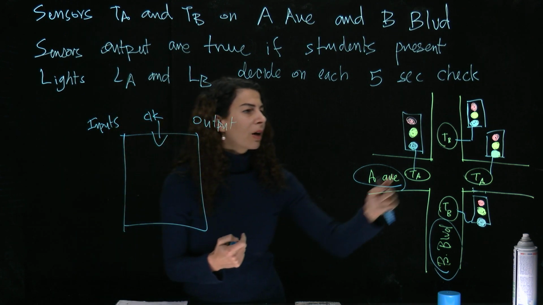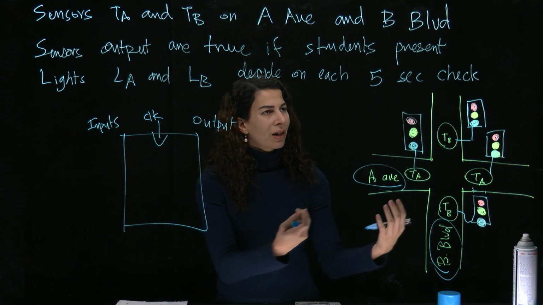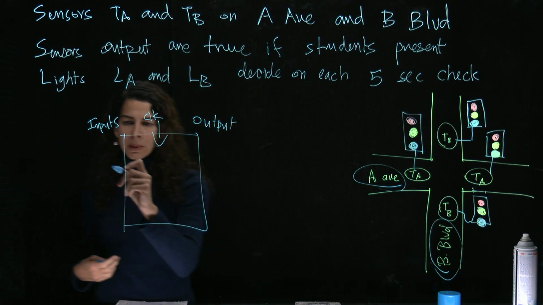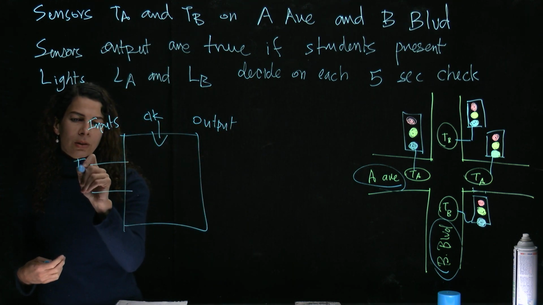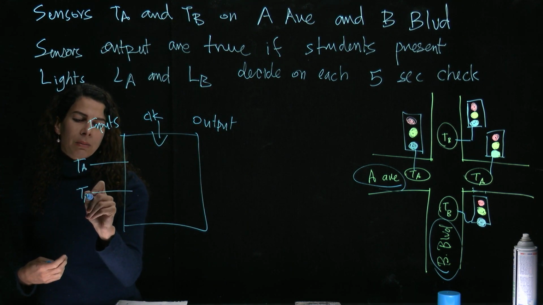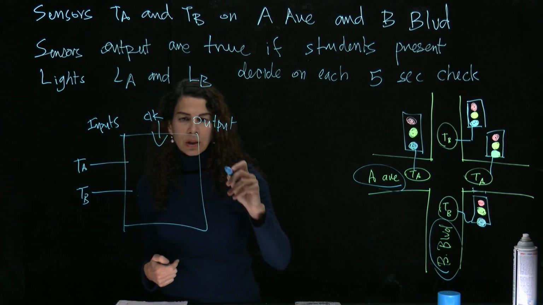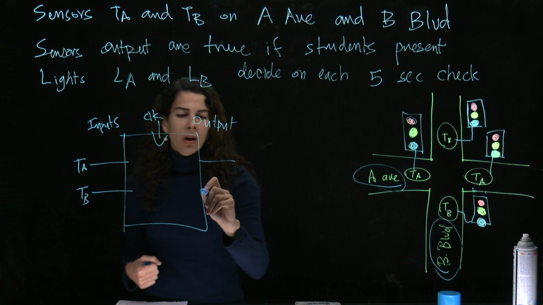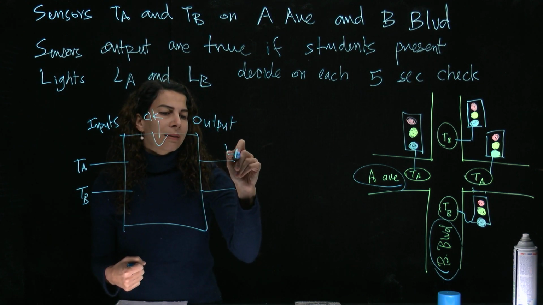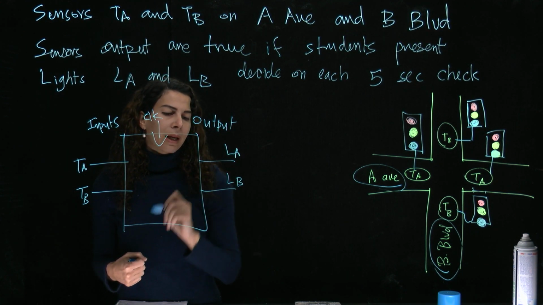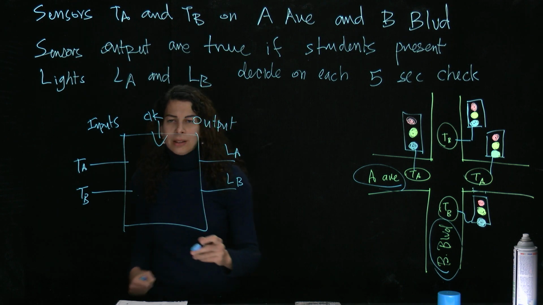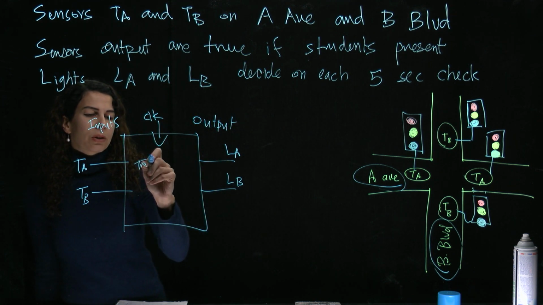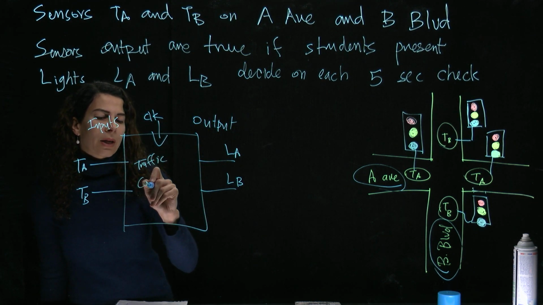The inputs are the sensors, which are input to this electronic system. So here the inputs are TA and TB, and the outputs are the state of these lights, let's call them light A and light B. So this is the traffic controller that we have in mind.